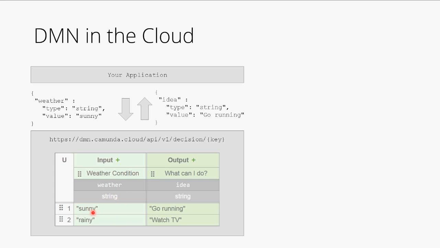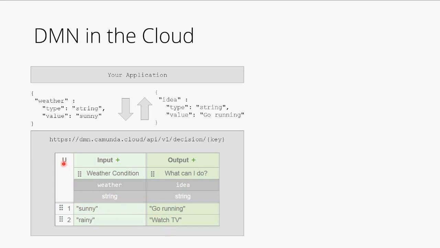So this could be it's either sunny or rainy today. And if it is sunny, there will be an output variable called idea, which is about a recommendation, what I can do today. So if it's sunny, I should go running. And yes, on the contrary, if it's raining, it's recommending watching TV, which is not my personal recommendation, but that's the example.